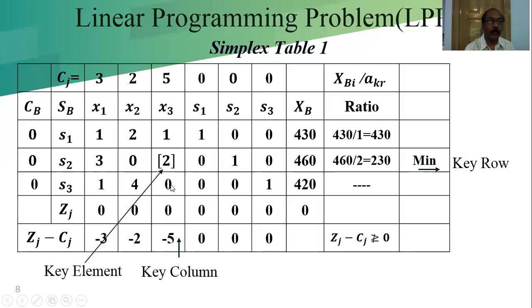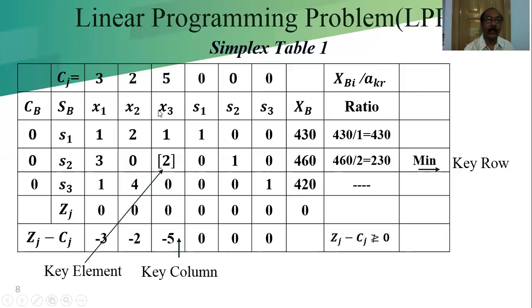In the key column, we can see that corresponding to S1 the entry is 1, corresponding to S2 it is 2, and corresponding to S3 it is 0. When we find the ratio with respect to XB, that means XBi, the components XB1, XB2, XB3, we denote it as XBi divided by AKR.